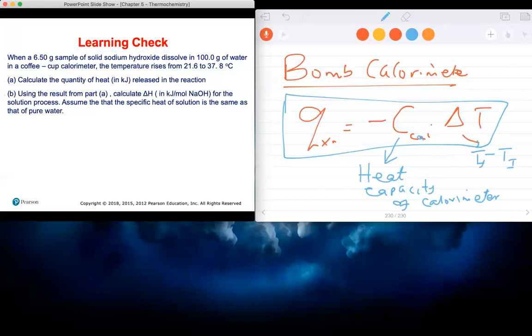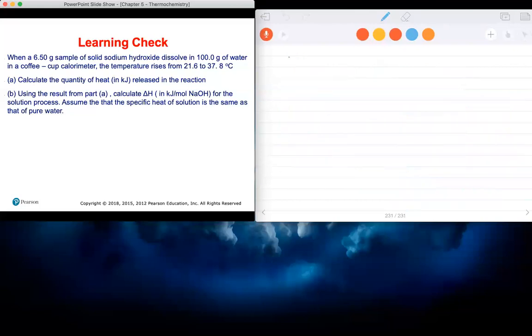All right. The first part right here: Q is given by mass times specific heat times change in temperature. This is T final minus T initial.